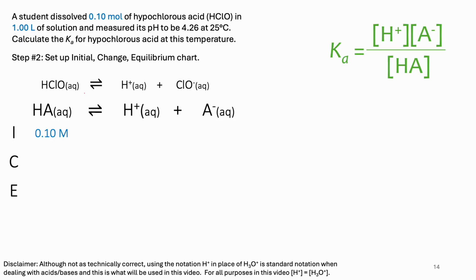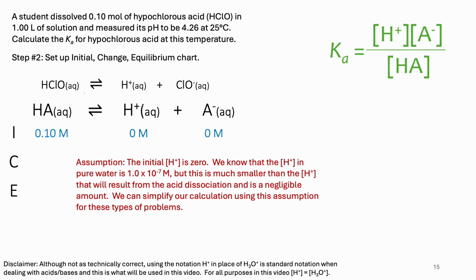And so our initial concentration of our weak acid is going to be 0.1 molar. So this is our concentration in moles per liter. Our initial concentration of A minus, or our conjugate base, in this case the hypochlorite ion, is going to initially be 0. And when we consider the initial concentration of H plus, here's where we're going to make an assumption.